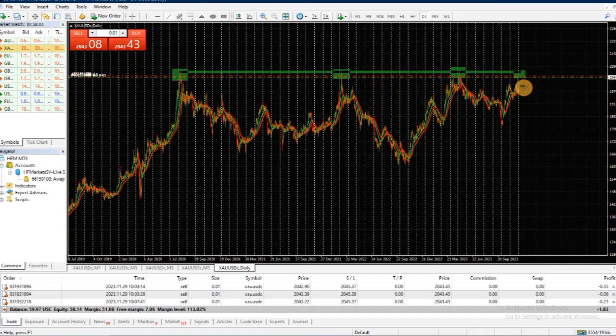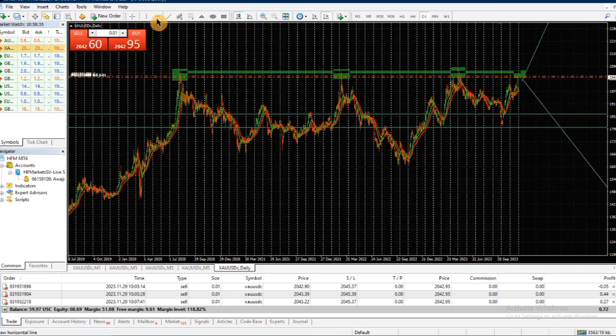Such movement is expected to break above, or it will bounce and start moving downward, and when it starts moving downward, it will definitely be coming to test this key level.